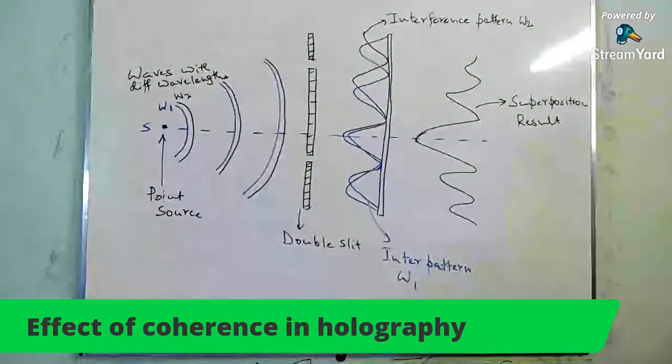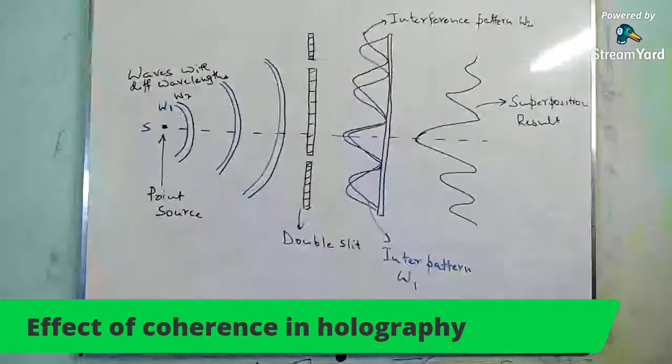Now, as W2 has a longer wavelength, while forming the interference pattern, the peak to peak gap is longer for W2.